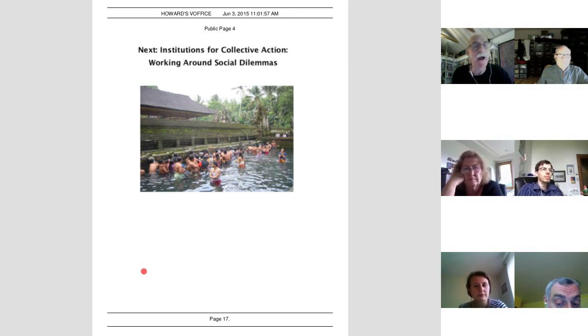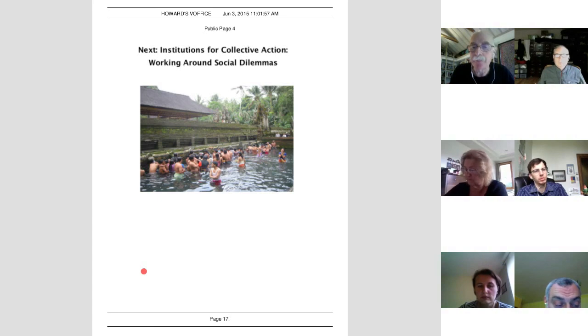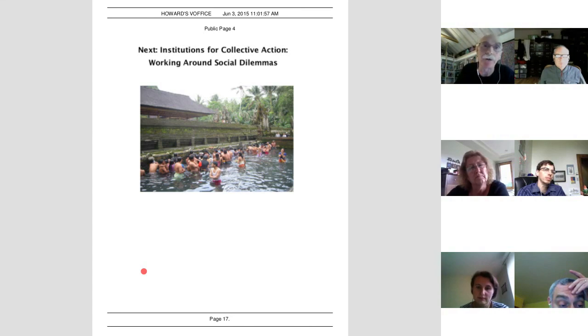There's something called the logic of collective action. Well, we'll talk more about collective action next week. The logic of collective action was written by a sociologist by the name of Mancur Olson. It has been taken to be the gospel, which is that any group of any size who don't know each other, are not related to each other, and are not motivated by financial incentives, are not going to create public goods.